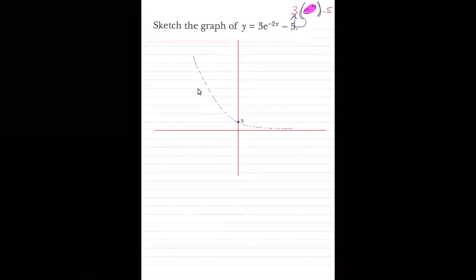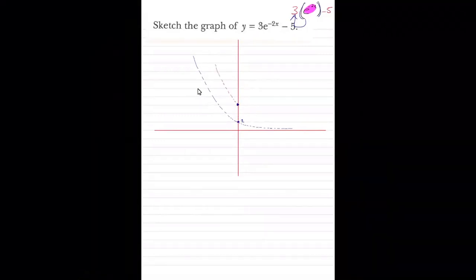So this should be something like this. My graph is going to be steeper, something like this. It should pass through 3, but then this graph has to be translated downward by 5.